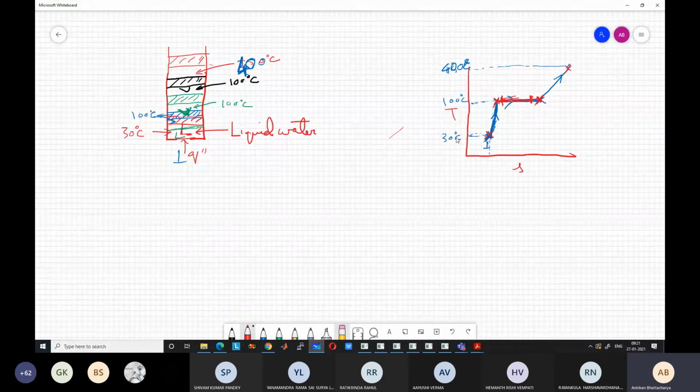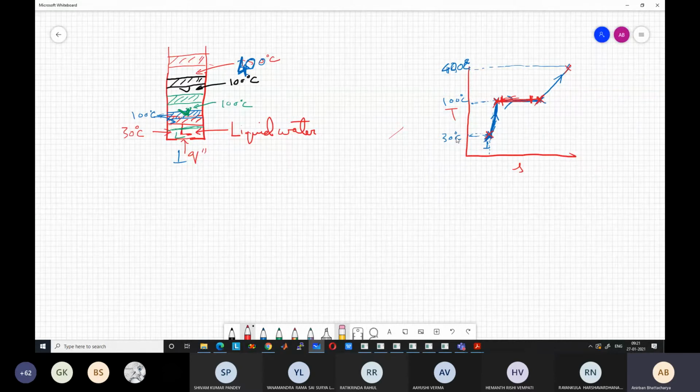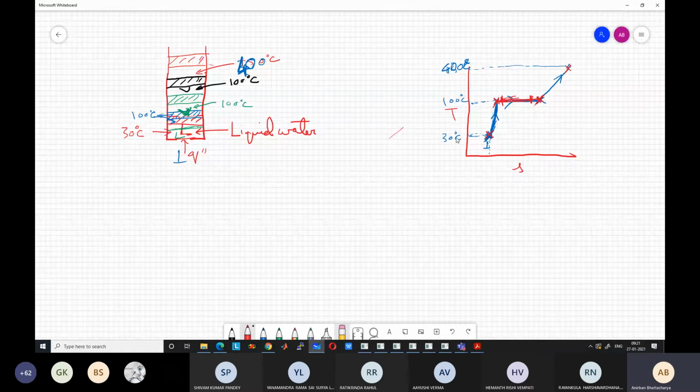By fixing its state, we mean that we can find all the other properties using thermodynamic relations, if we know two independent properties. Independent is the key word here. So for this water at 30 degrees centigrade, the two independent properties were temperature and pressure. Up to 100 degrees centigrade, we can consider these two independent properties as temperature and pressure.